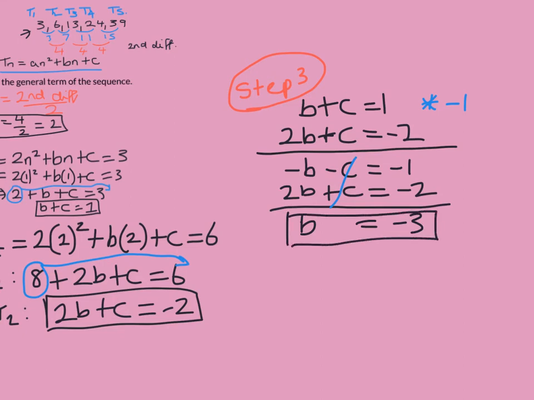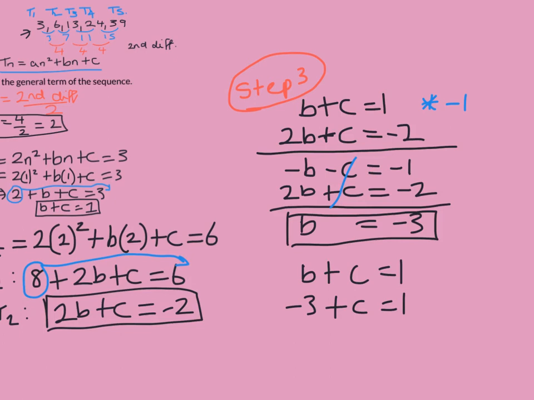I'm going to take that value and sub it back into one of my original equations. So instead of b plus c equals 1, I'm going to replace that b with minus 3, plus c equals 1. Remember, it has to go back into one of the original equations, so that's this one here, not the one that we changed.